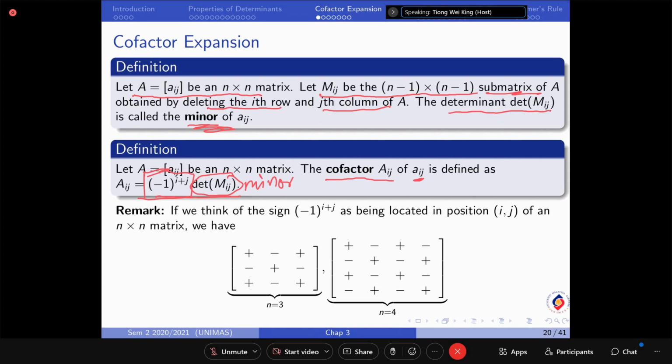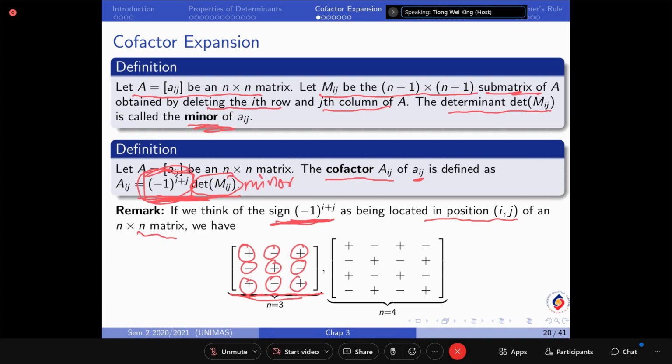Okay. Now it's quite difficult for us to remember the formula because when we have too many formulas, it's quite difficult to memorize. So one way for us to remember this, the sign here is actually based on the position ij of a matrix. So basically, if you have a 3 by 3 matrix, then you always start with plus and then minus, plus, minus, plus, minus, plus, minus, plus.